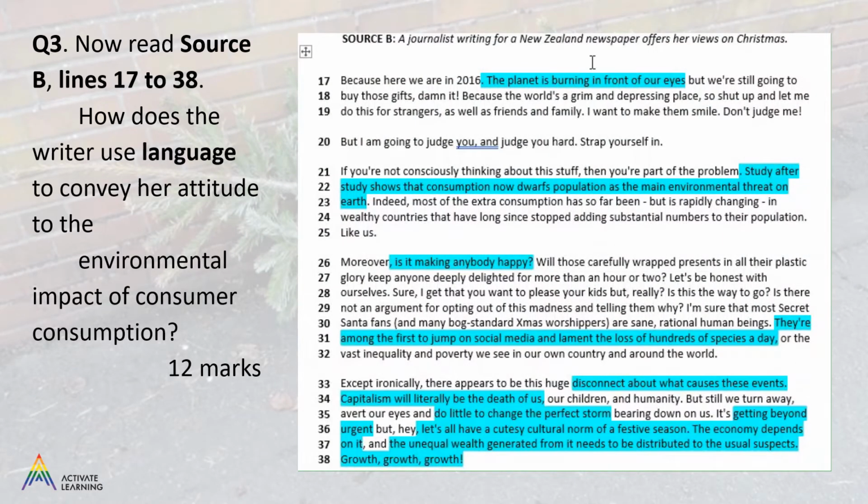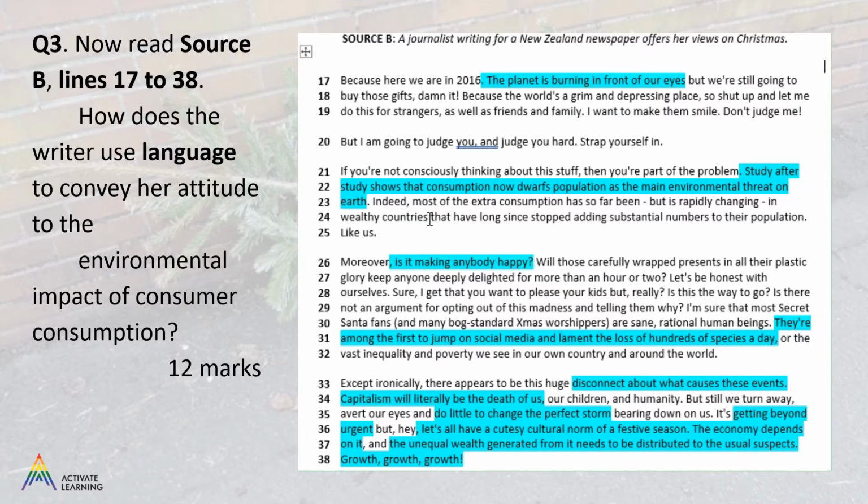As we mentioned earlier, the writer of Source B is very concerned about environmental problems, including global warming, which we all know is caused by consumerism, production, and transporting goods around. She goes on to say that scientific studies have shown that consumption dwarfs population as a main environmental threat on Earth, although she doesn't actually back that up with statistics.